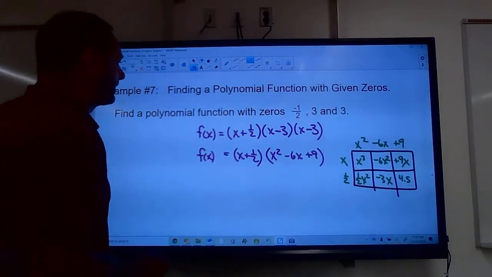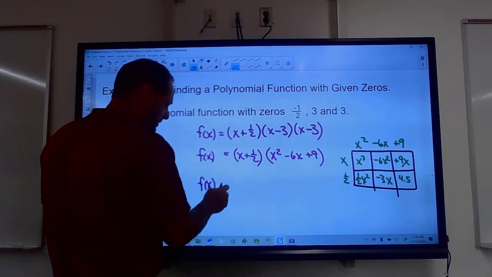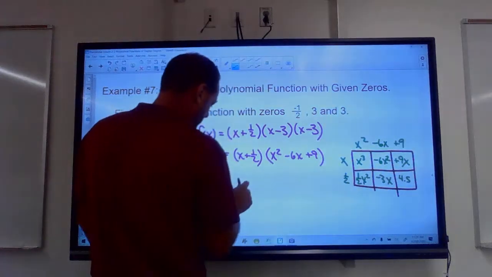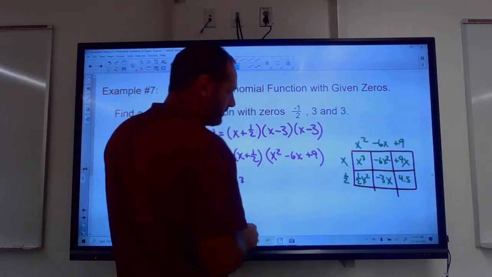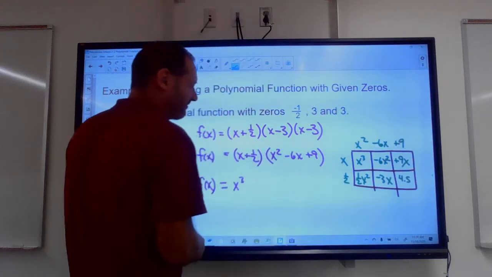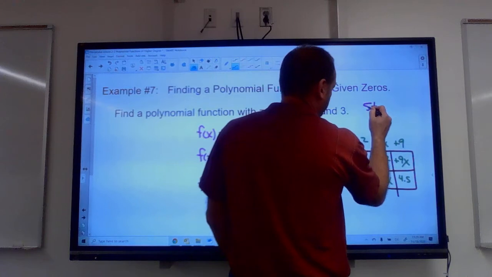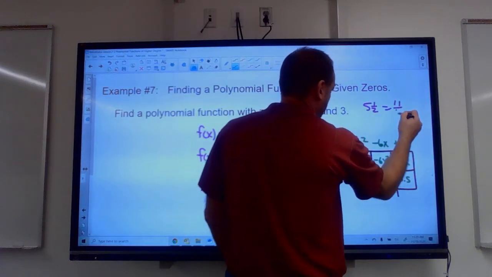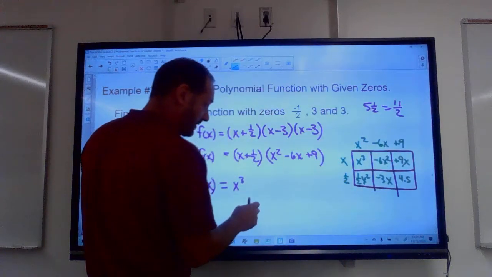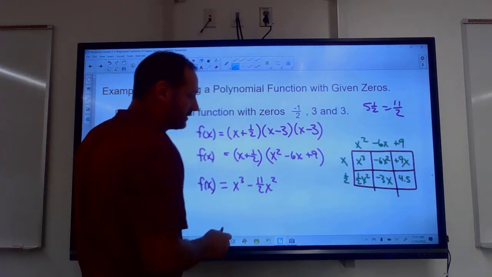Okay, you can combine your like terms now. So f of x, there's going to be x cubed. Combine my x squareds, so that's going to be negative 5.5. I don't want to write that as 5.5 though, so that's going to be minus 11/2 x squared.